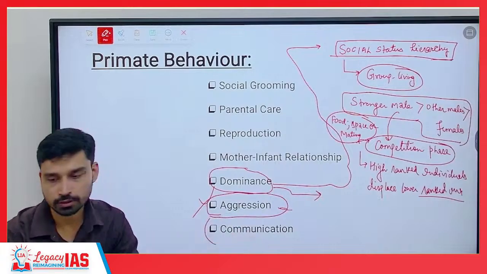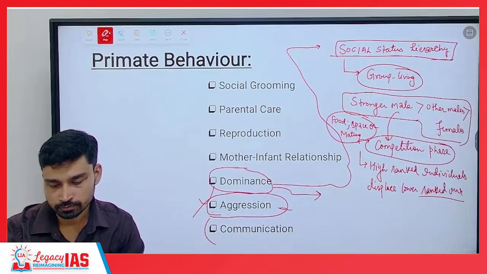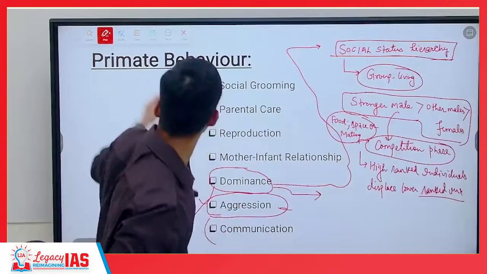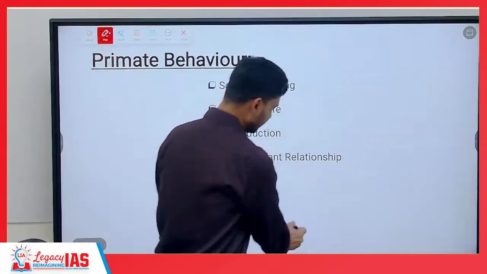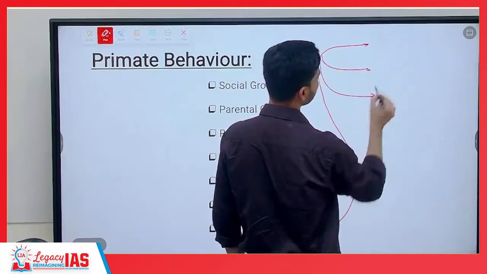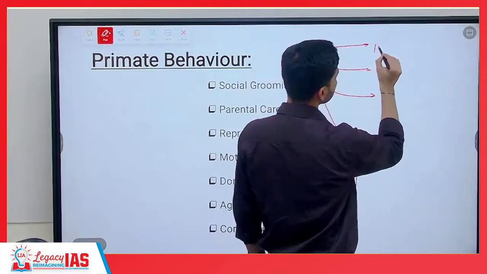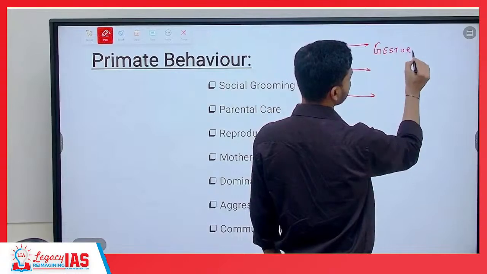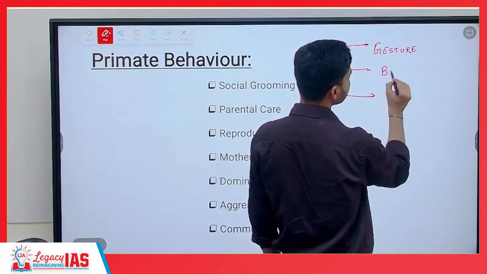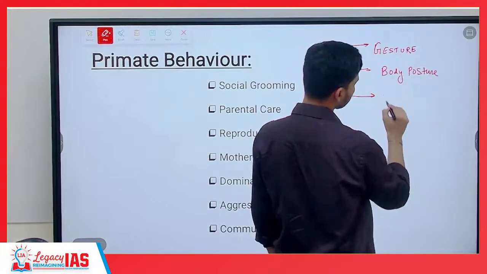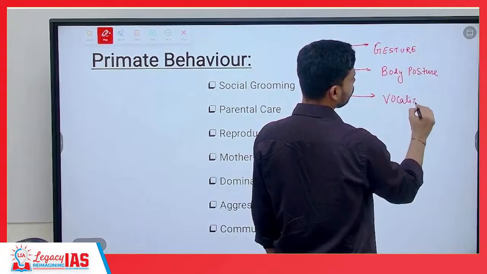That is about aggression. Last we can write about is communication. In the apes, communication occurs generally in three ways: gesture, posture, which means body posture, and vocalization.